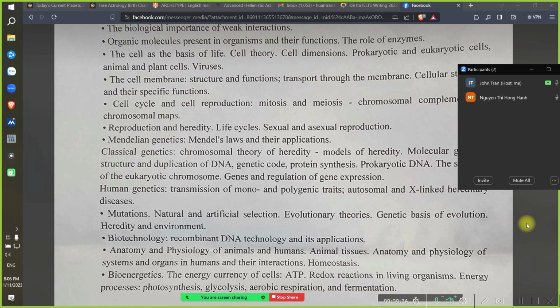So I'm going to talk about ATP. It is the energy currency of the cell. ATP has three subunits: a 5-carbon ribose sugar, a nitrogenous base, which we call adenine, and a 3-phosphate group.